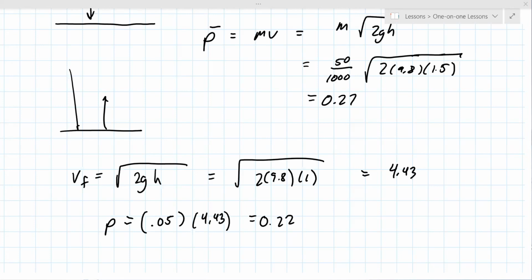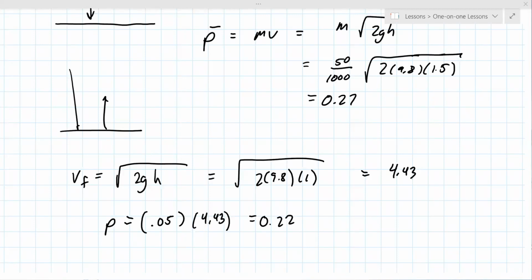So try that 0.22 for part B. Correct. All right, on to C.